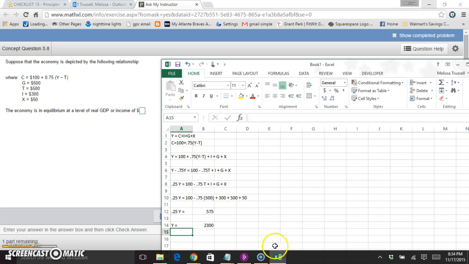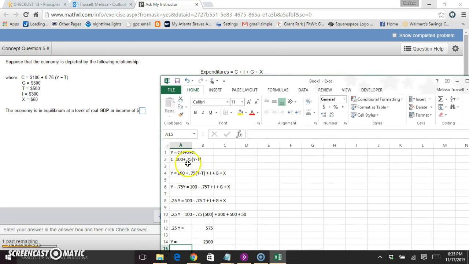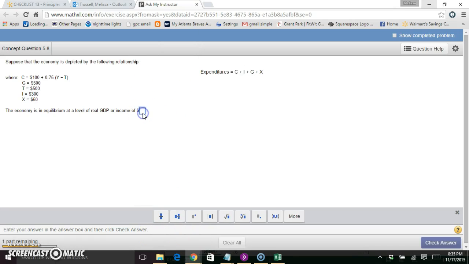It's really just a matter of solving these two equations algebraically. The equation we're given for expenditures, or GDP, and then the equation we're given for consumption, or C. We just plug that into our GDP equation and then do the algebra to rearrange things and solve for Y. So my final answer here is 2,300.